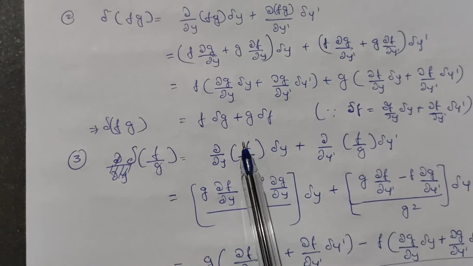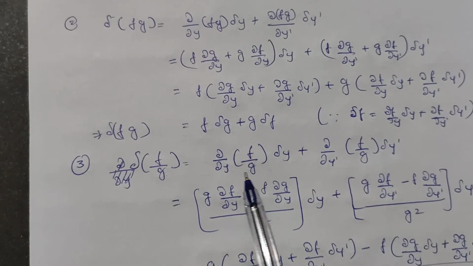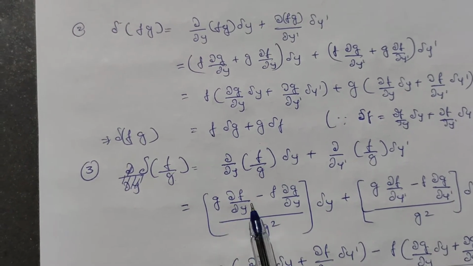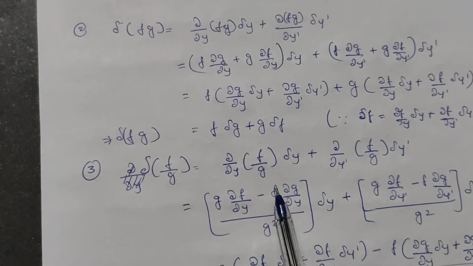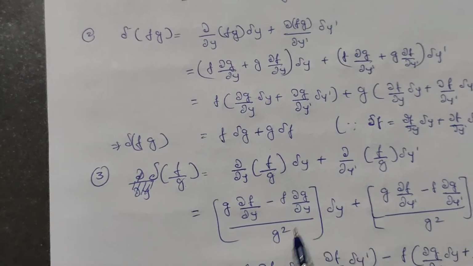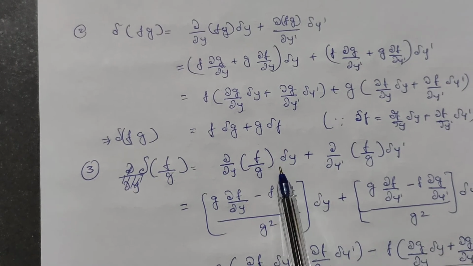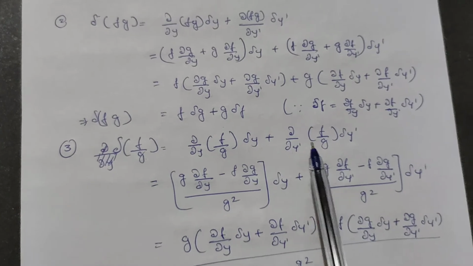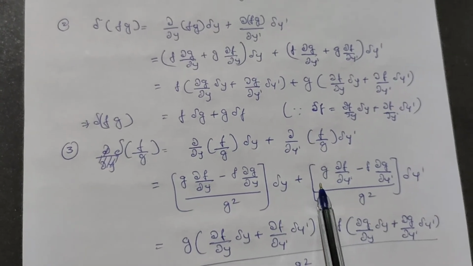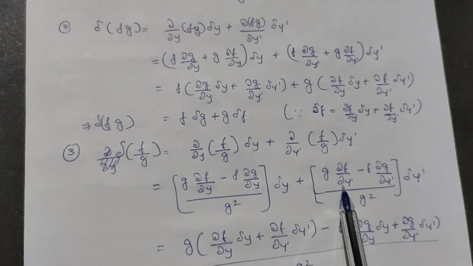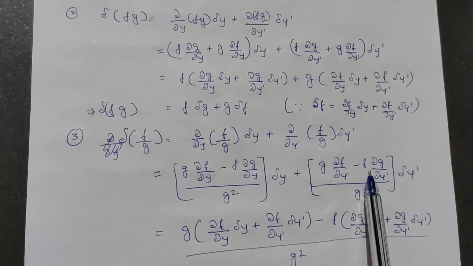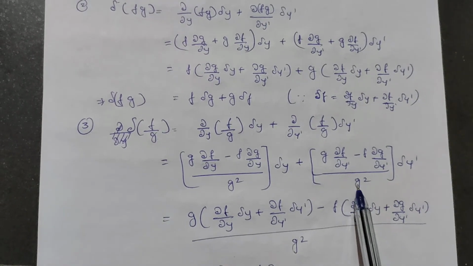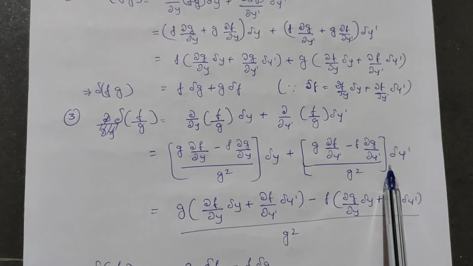Here we have to apply the quotient rule, the derivative of a quotient of functions: denominator as it is, derivative of numerator, minus numerator as it is, derivative of denominator, divided by denominator square, into delta y. Plus the same thing for y dash: denominator g as it is, derivative of numerator dou f by dou y dash, minus numerator as it is, derivative of denominator dou g by dou y dash, whole divided by denominator square, into delta y dash.